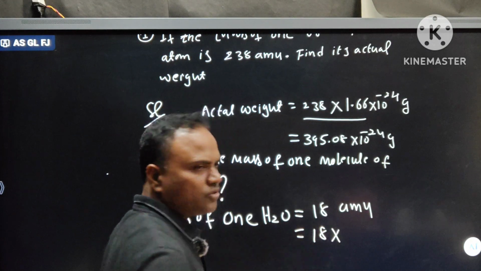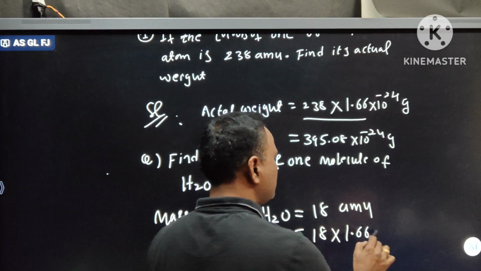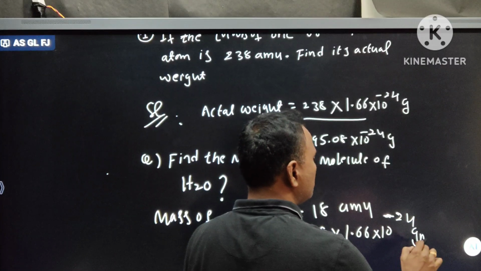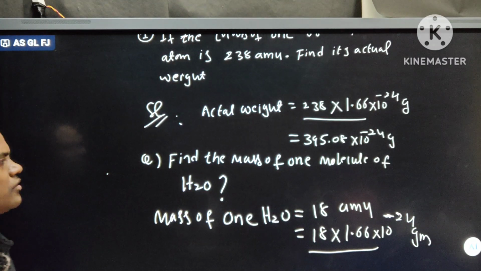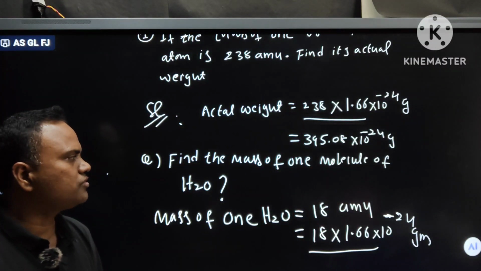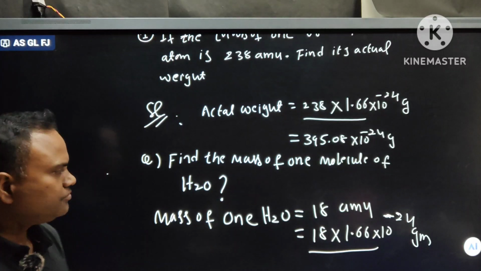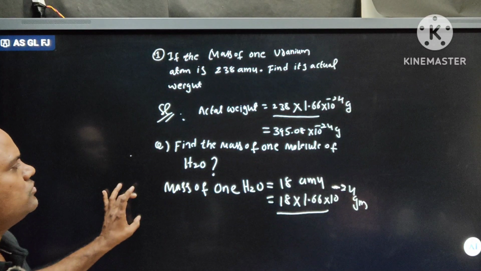18 into, expand the AMU value. What is the AMU value? Yes, 1.66 into 10 to the power of minus 24 grams. You have to multiply these two. Okay. So remember, one molecule mass ends with AMU. Already I have given molecular weights to you.